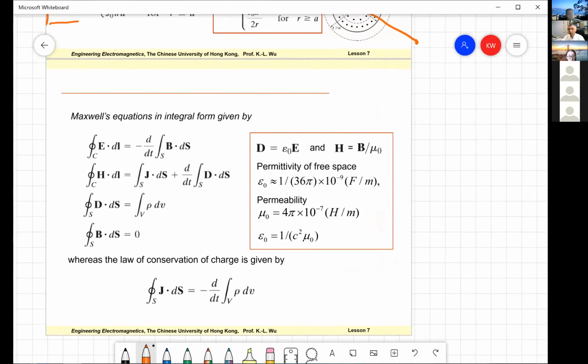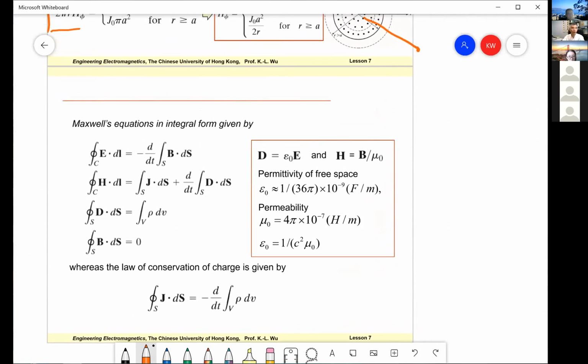So far, we have discussed completely the integral form of Maxwell's equations.